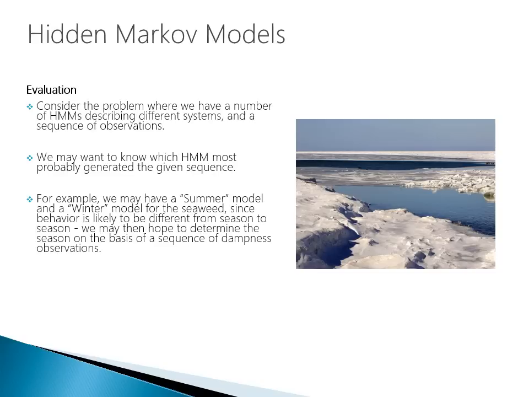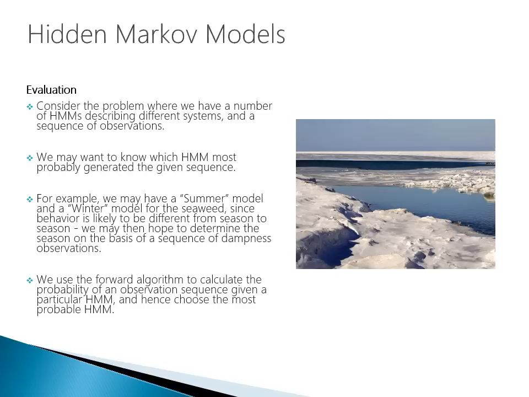Since behavior is likely to be different from season to season, we may then hope to determine the season on the basis of a sequence of dampness observations. We will use the forward algorithm to calculate the probability of an observation sequence given a particular hidden Markov model, and hence choose the most probable hidden Markov model. And there are other types of approaches beyond the forward algorithm. For the purpose of this presentation, that will be our primary focus.